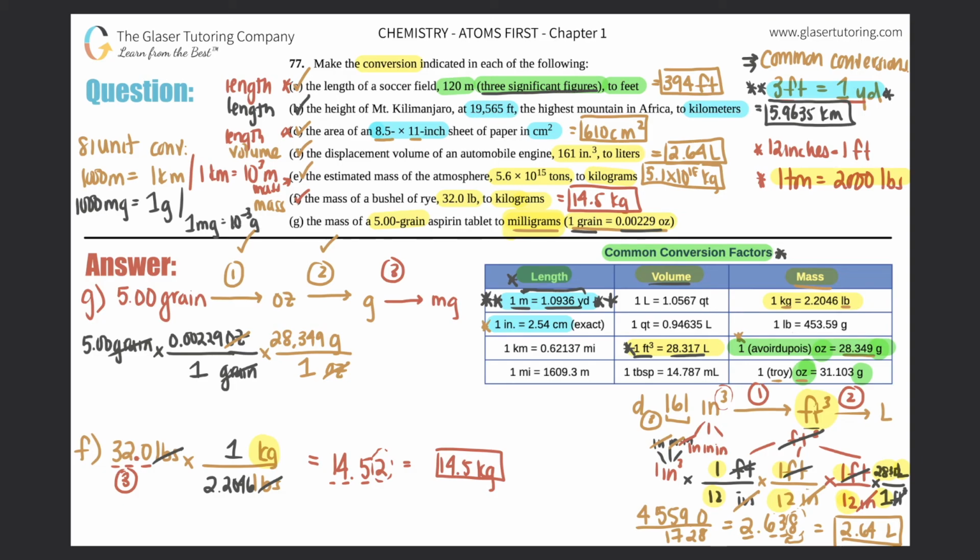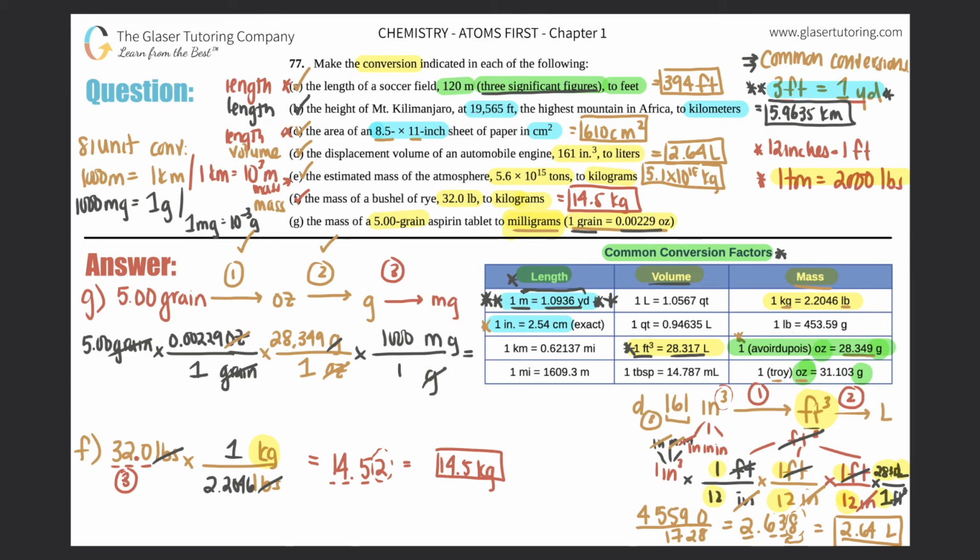Either one, it's up to you. So times the ratio, grams goes on the bottom, milligrams goes up on top. I'm going to use the 1,000 milligrams. So we got 1,000 milligrams equals 1 gram. That cancels out the grams. And now we're ready to do the math.